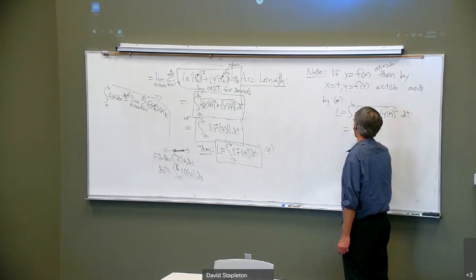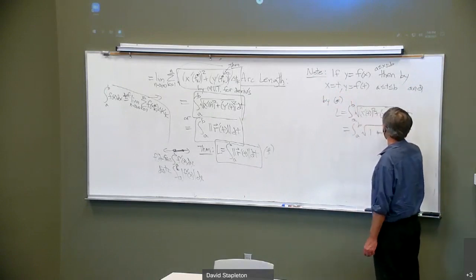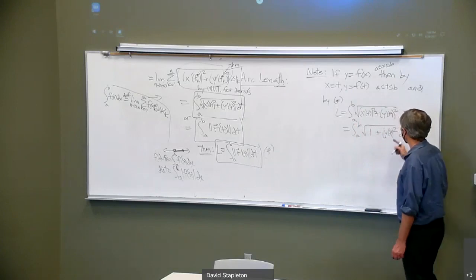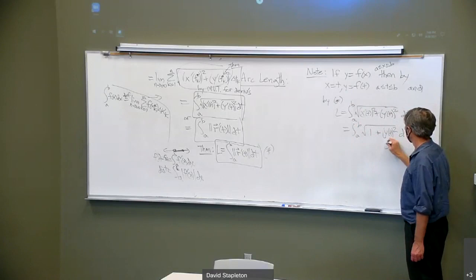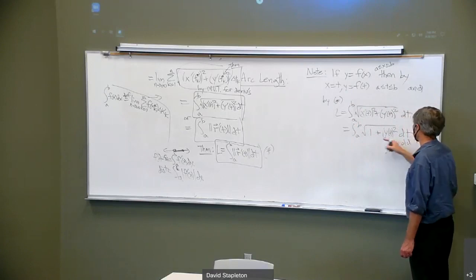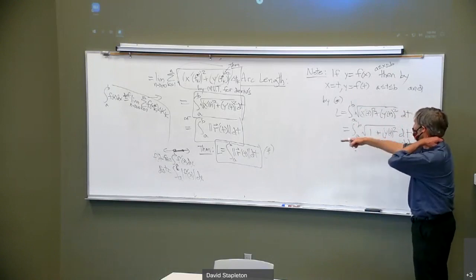Well, if x is t, then its derivative is 1, so we get 1 squared plus y prime of t squared dt. That's our formula from before. Remember this arc length formula? Our old arc length formula was the integral of the square root of 1 plus y prime squared. It's just a special case of that now.